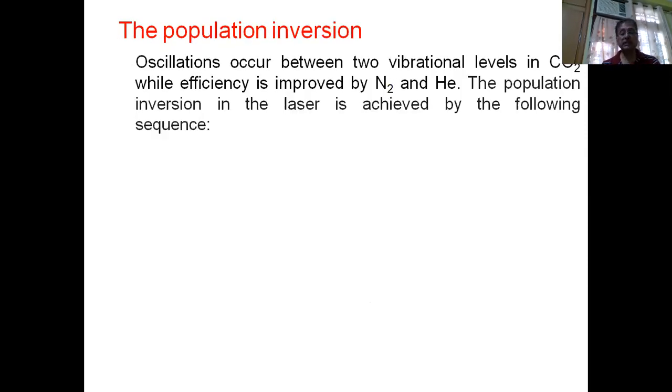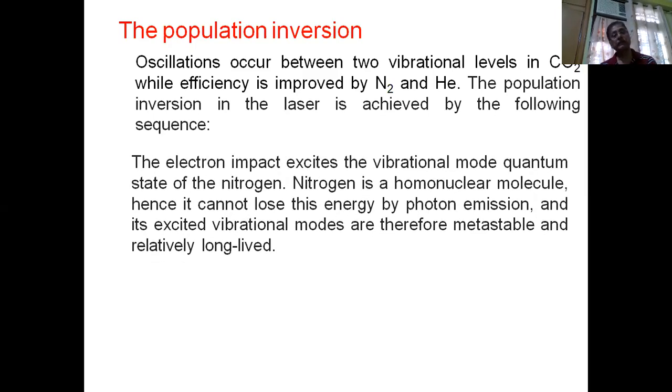This laser is based on the oscillations occurring between two vibrational levels in carbon dioxide, while the efficiency is improved by the presence of nitrogen and helium. The population inversion in the laser is achieved by the following sequence.